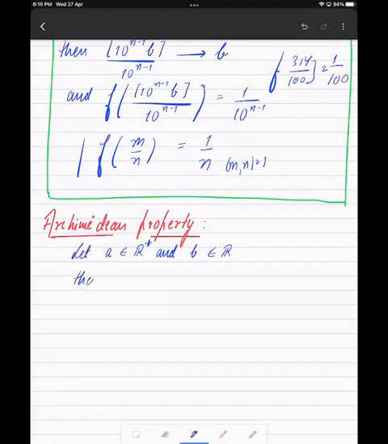Then there must exist a natural number n such that if you multiply your n with A, it would be greater than B.